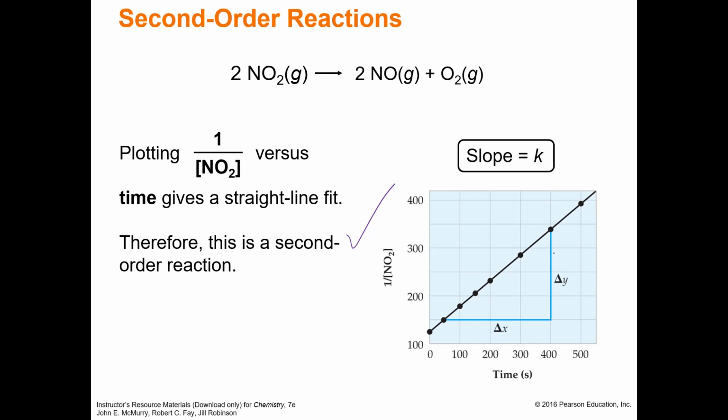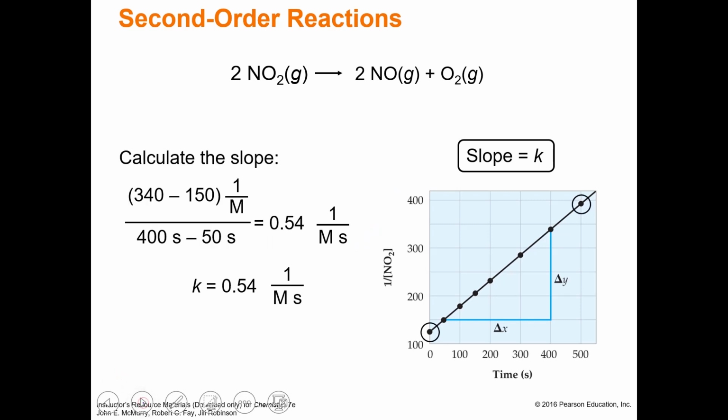We could calculate the slope, or we could just plot a trend line for this and get the slope. If we calculate it, we take two values that we've picked in this instance. You could pick any two values, and we do 400 seconds minus 50 seconds. We get a slope of 0.541 per molar second.